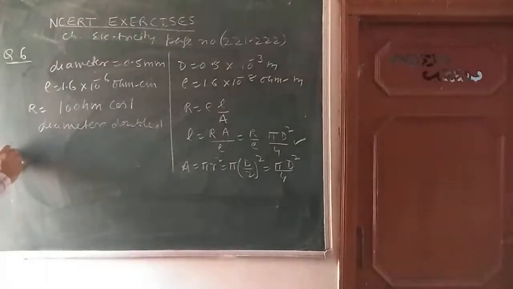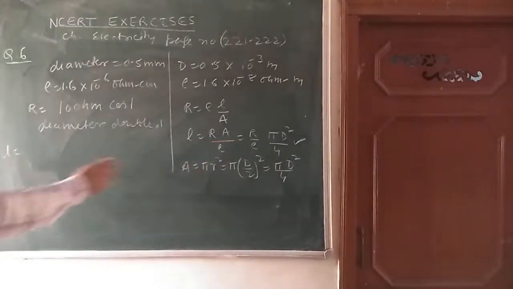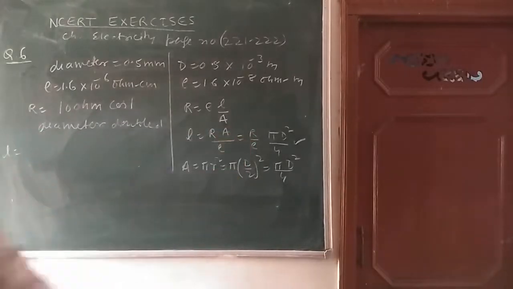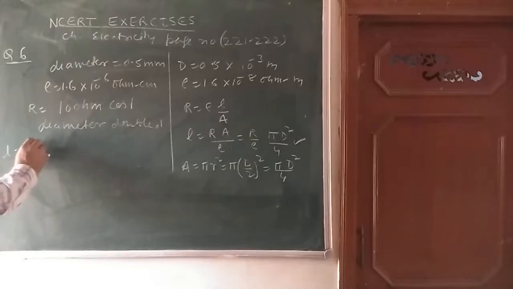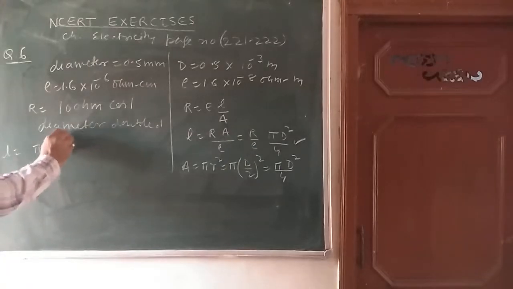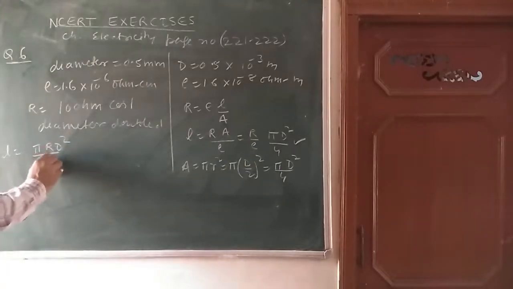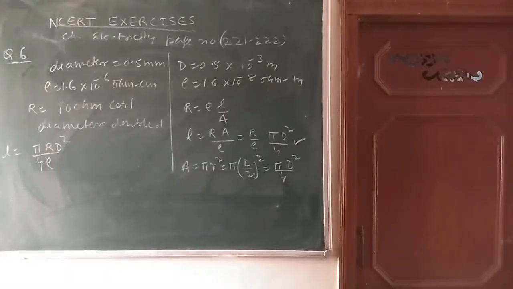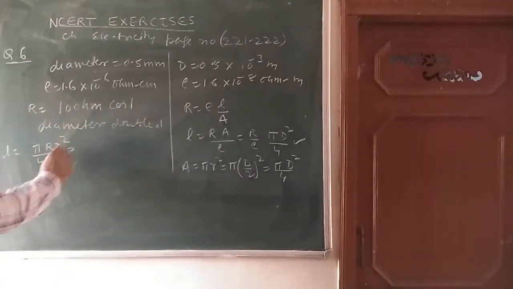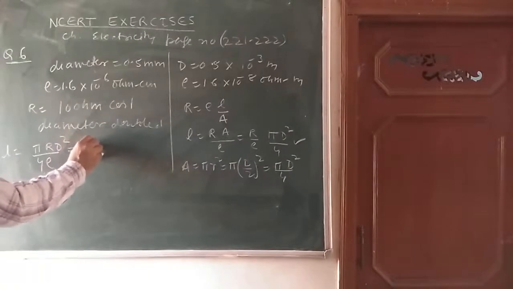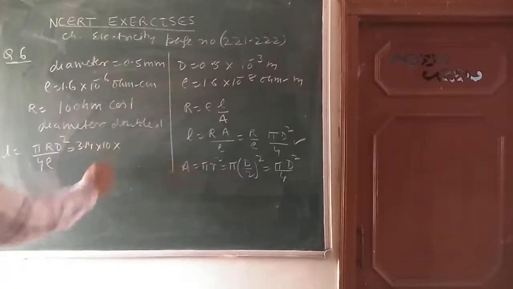So L comes out to be, with the help of this formula, R by rho into pi D square by 4. So L comes out to be pi R D square divided by 4 into rho. Dear children, I can write that is 3.14 into 10 into D square.